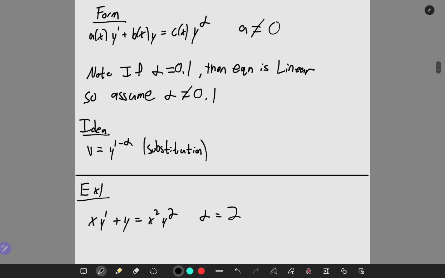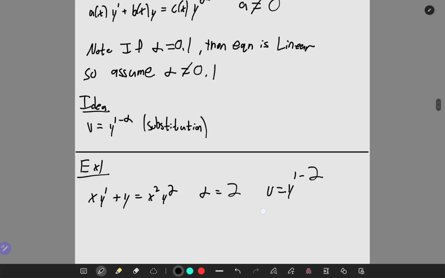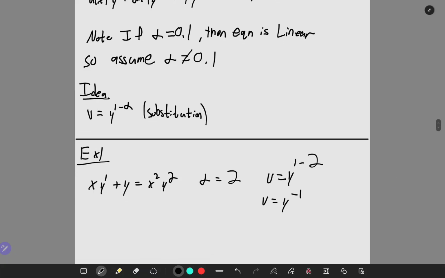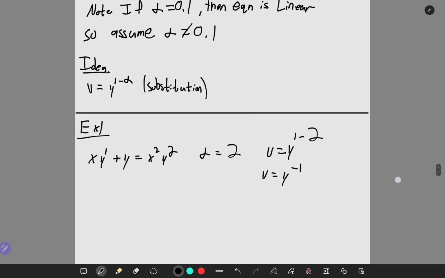So then we can do our substitution. v is equal to y to the 1 minus alpha, which is 2. So then v is equal to y to the negative 1. But now we also need v prime. So we're going to use chain rule for v prime.